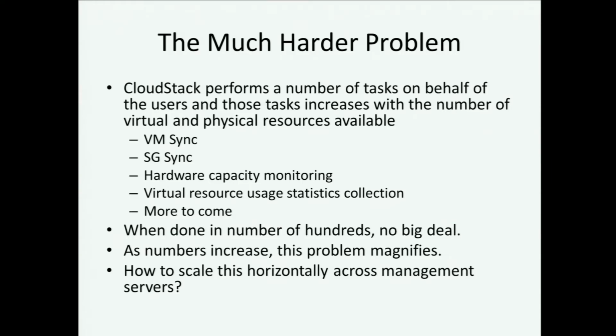The problem is CloudStack actually performs a lot of tasks on behalf of the administrator, where it is trying to figure out what state the entire system is in. These tasks include VM sync, SG sync, security group syncing if security groups are enforced, hardware capacity monitoring, virtual resource usage statistics to generate usage data for billing, things like that.